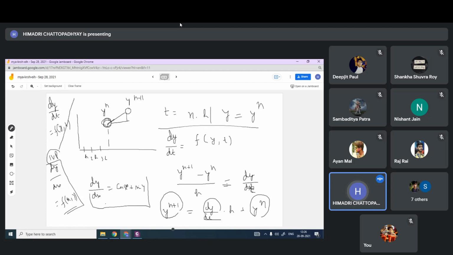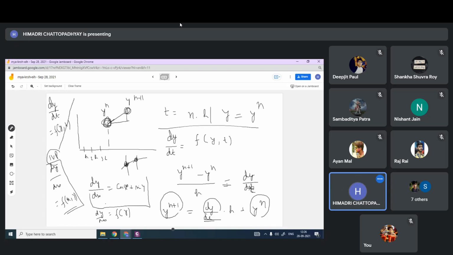But this slope I have taken here. I can also take the slope here, because between these two points slope can be defined. Say the slope is a function of y. So this slope here can be a function of this y. But I am calculating this point.